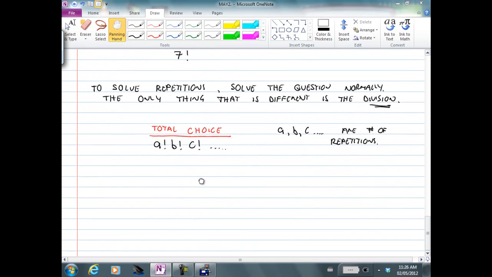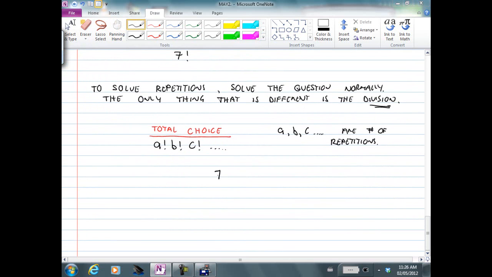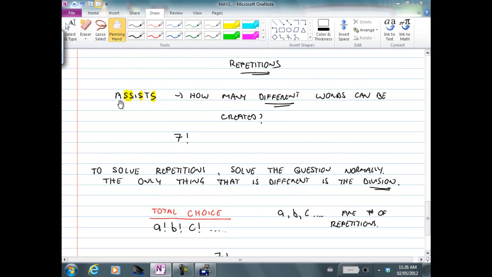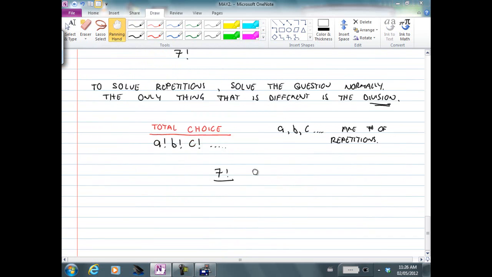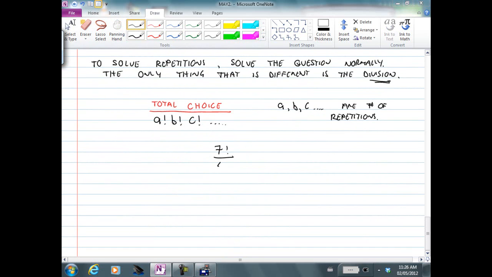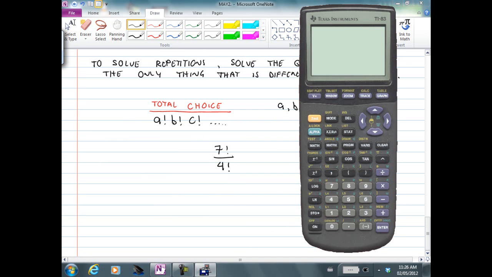For example, 7 factorial. Look how many letters repeat. There's S, but there's 4 S's. 1, 2, 3, 4. So we write down 7 factorial over 4 factorial. Go ahead and solve this right now. 7 factorial divided by 4 factorial.